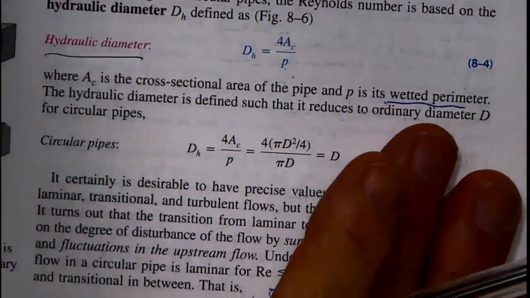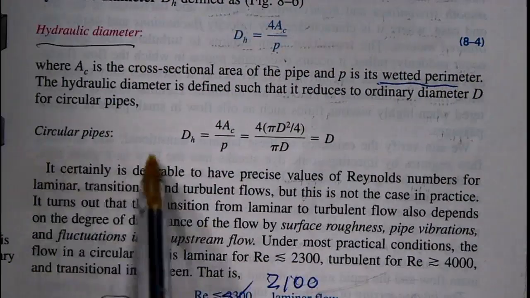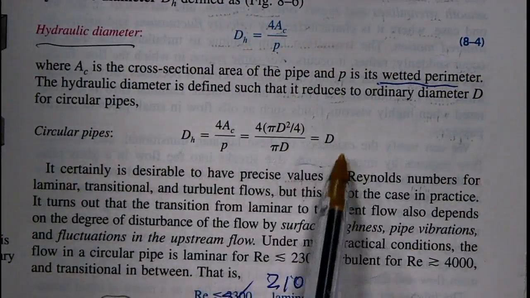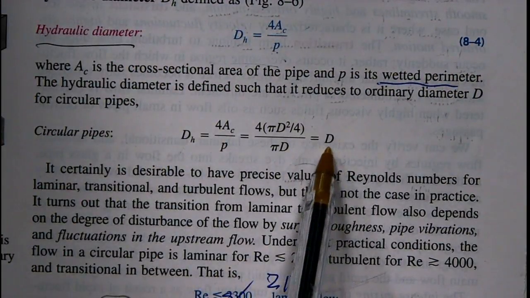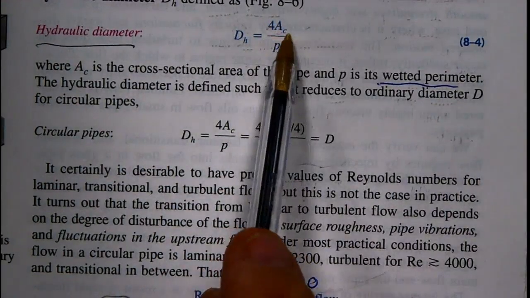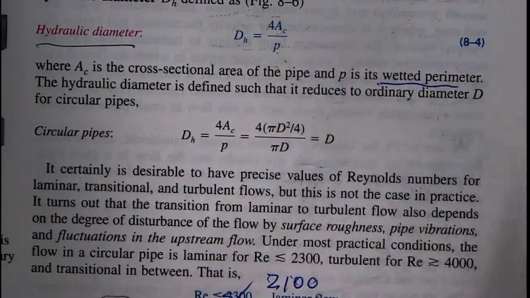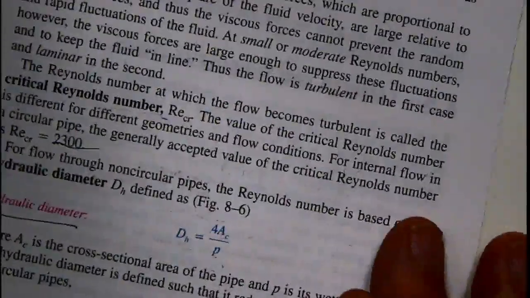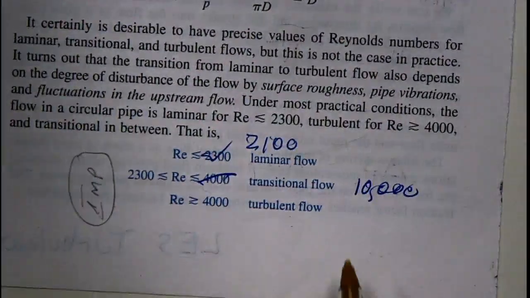And quickly for funsies, for circular pipes, the hydraulic diameter is equal to the diameter of the pipe. It is 4 times the flow area divided by the wetted perimeter. And here you have the Reynolds number. Range is given to you.